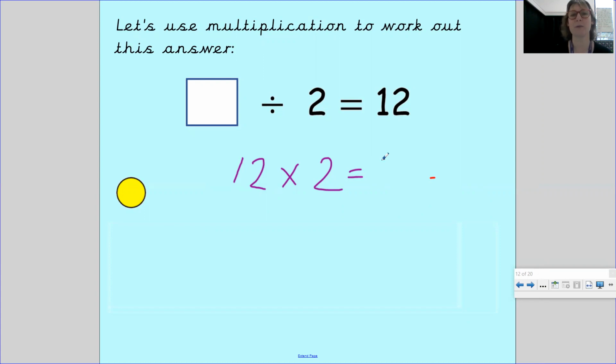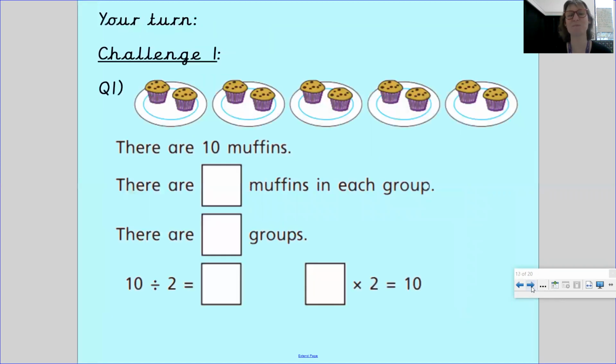Don't know how else to do that one. So 24. So if we started with 24 and we shared it into 2 groups, we would have 12 in each group. And if you don't trust me, try that for yourself. Go and find yourself 24 counters, share them into 2 groups and see if you've got 12 in each group. Maybe I am just trying to trick you.